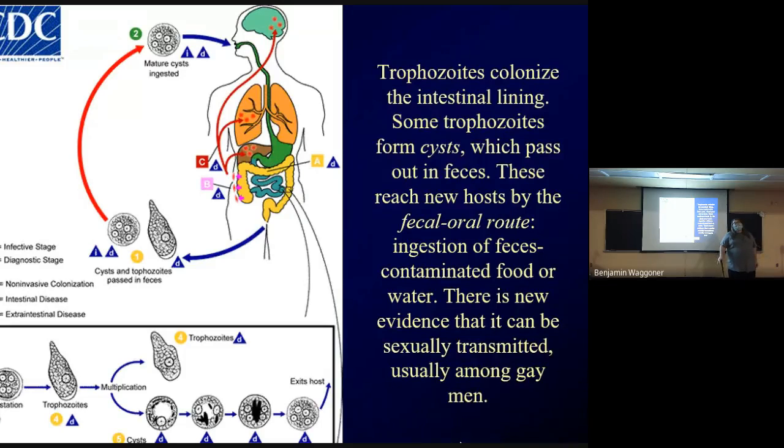You can get this in areas that don't have the best water purification. You can get lots of things by the fecal-oral route if you're in a wilderness area and you drink water that hasn't been sterilized. You know, even water from a clear running mountain stream can have things in it that you don't want to get into your guts.